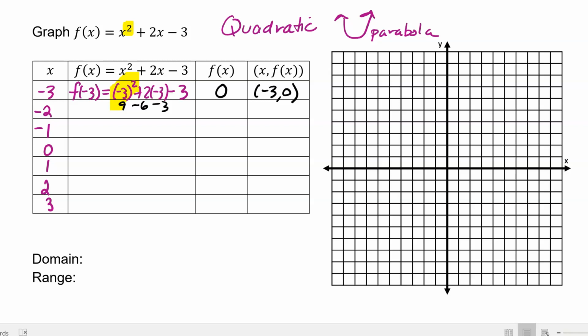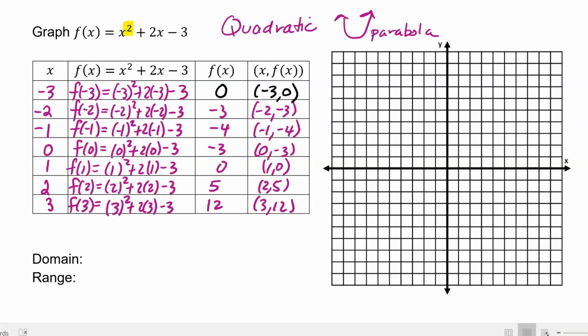Now what I want you to do is pause the video and determine the rest of the points for -2, -1, 0, 1, 2, and 3. So go ahead and check your points with these points. And now what we're going to do is plot the points. So we have -3, 0.